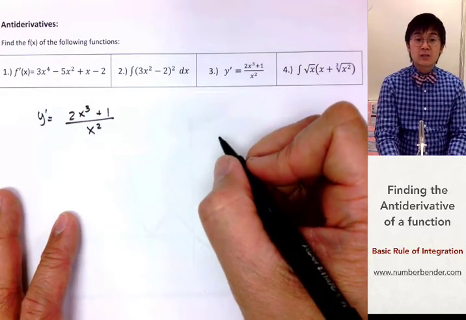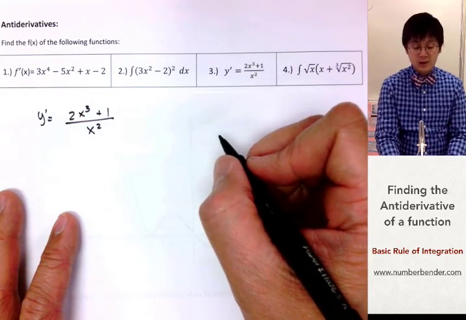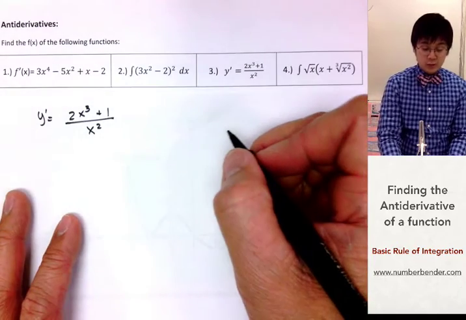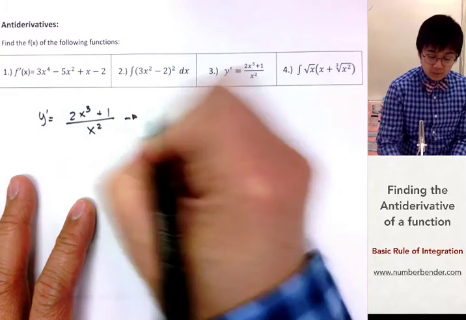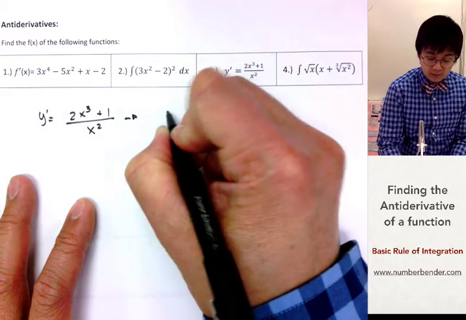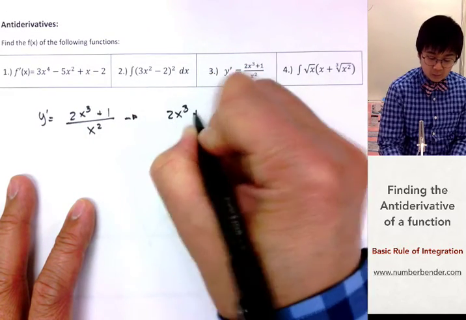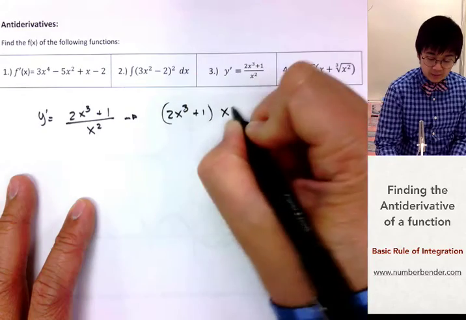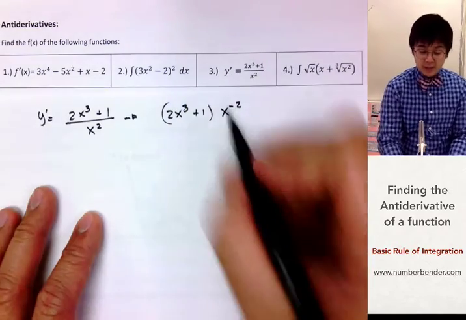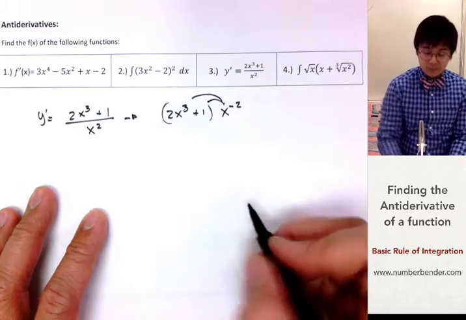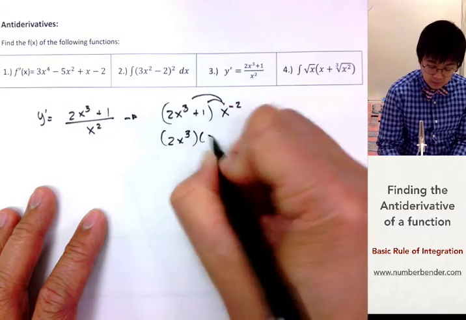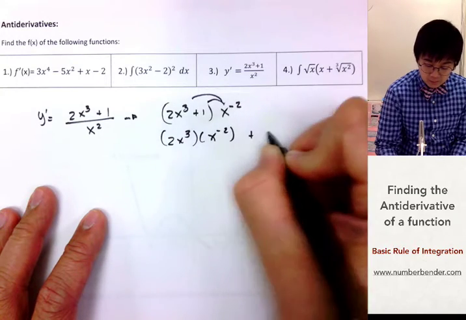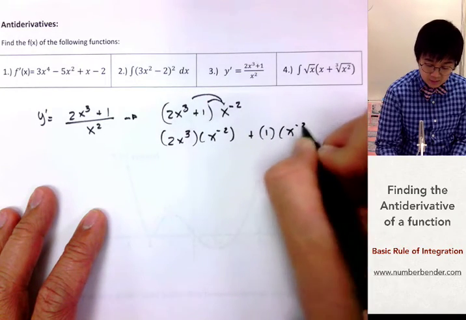In antiderivative, we don't have a quotient rule for this, so we also modify it by the law of exponents. We have 2x cubed plus 1 multiplied by x to the negative 2, and by the distributive property, we'll have 2x cubed multiplied by x to the negative 2 plus 1 times x to the negative 2.